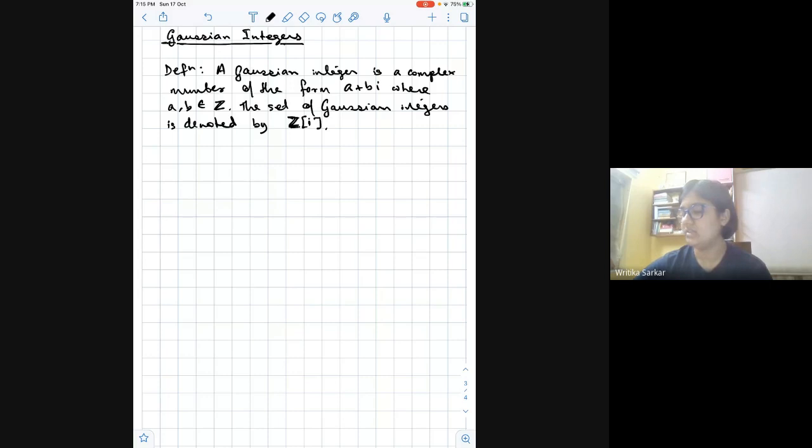Right. So this is what the Gaussian integers are. They are complex numbers of the form a plus bi, where a and b are integers, and the set of Gaussian integers is denoted by Z[i]. Right.